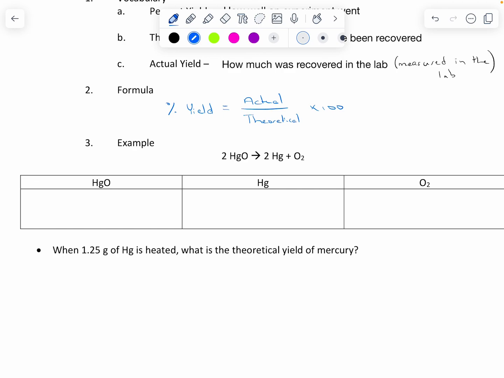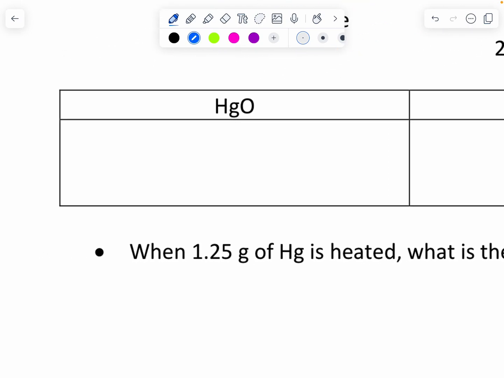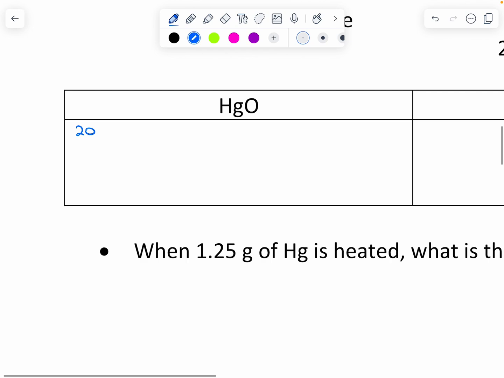We've got an example here. Mercury(II) oxide decomposes into mercury and oxygen. Let's fill in our molar masses real quick. We've got HgO. As a quick review, we take 200.59 times 1, because that's the molar mass of Hg, and then we've got O, 15.9994 times 1.